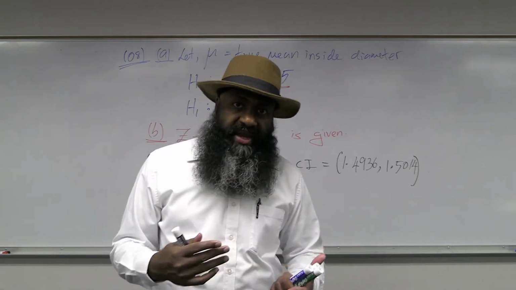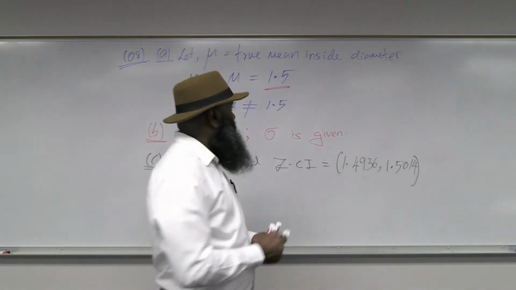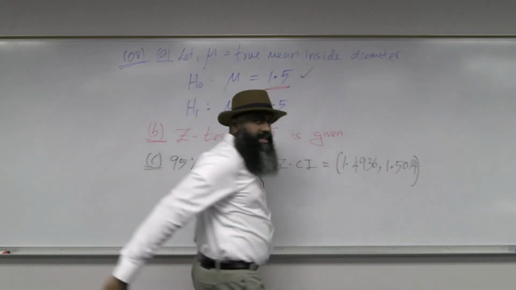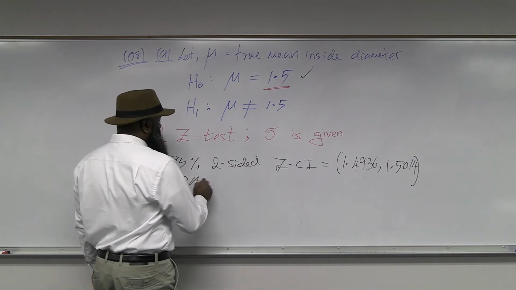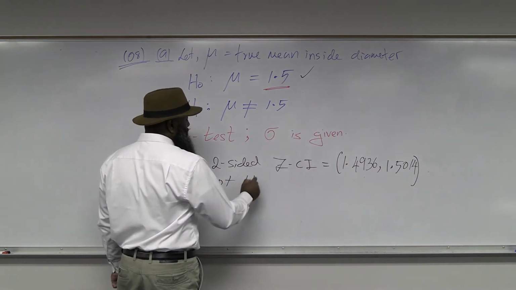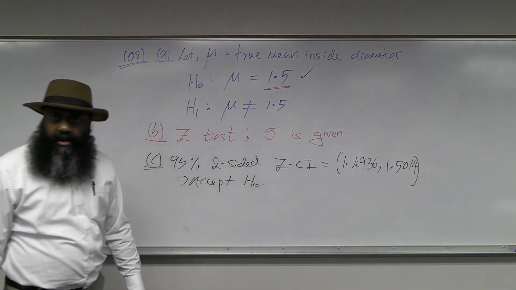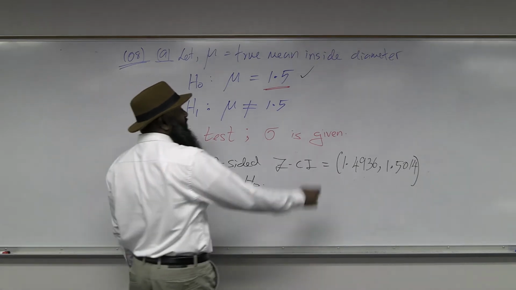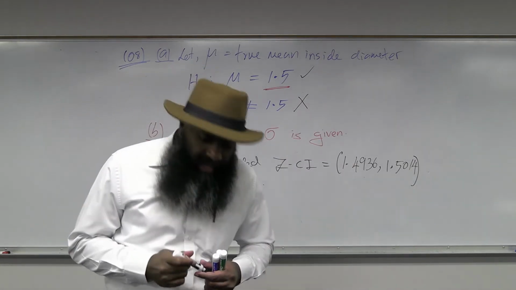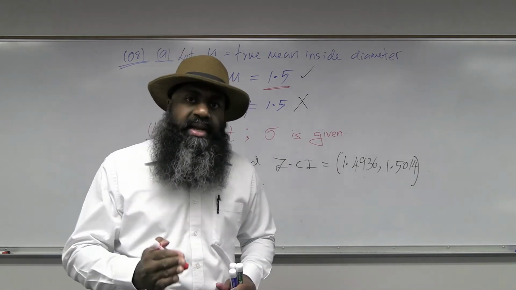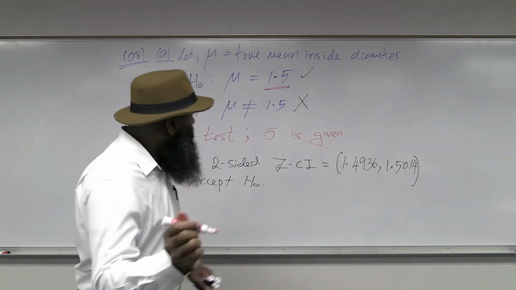Since 1.5 is inside the confidence interval, we say we accept the null hypothesis. Accepting the null hypothesis means our data do not support the alternative. And interpretation should be written only as that.